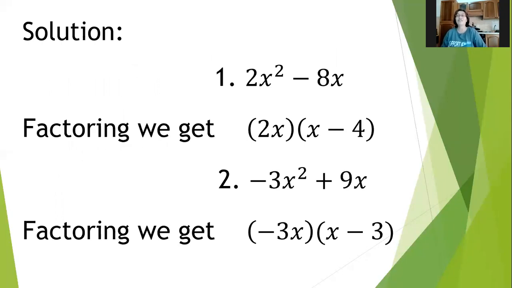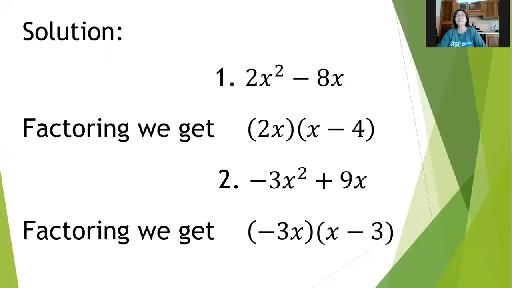Let us divide. 2x squared divided by 2x is equal to x. Negative 8x divided by 2x is equal to negative 4. Therefore, the factor of 2x squared minus 8x is 2x quantity, x minus 4.